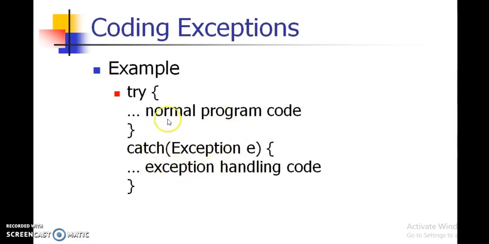So the flow of the program goes like this. If there is any exception raised in the try block, then automatically the control moves to the catch block, handles the exception in the catch block, and then continues with the normal execution of the program till the end.